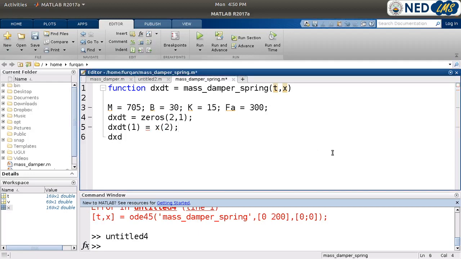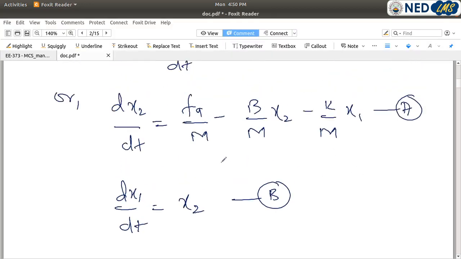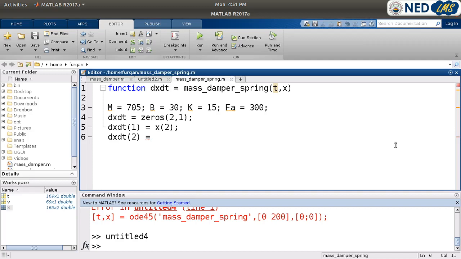The second equation in our case is dx2 by dt is Fa over m minus b over m x2 minus k over m x1. So Fa by m minus b over m into x2 minus k over m into x1.